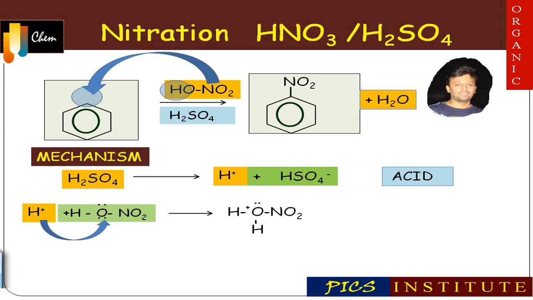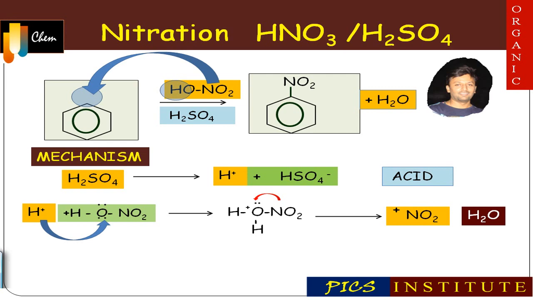Since H2SO4 is losing proton, it is acting as an acid, whereas nitric acid gains proton, so it acts as base. So HNO3 acts as base during nitration reaction and H2SO4 acts as acid.